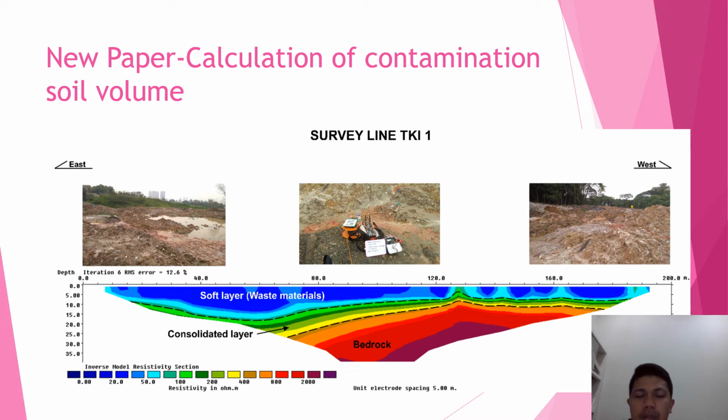Okay, same goes to the center, and then on the right section the thickness of waste material can be identified using this method. So based on that we can know the volume.